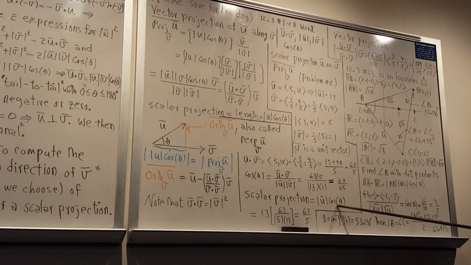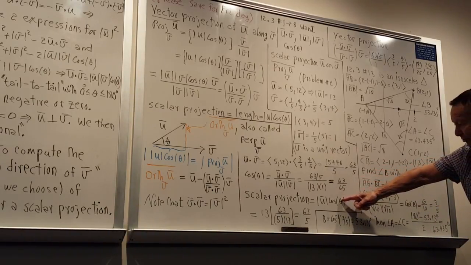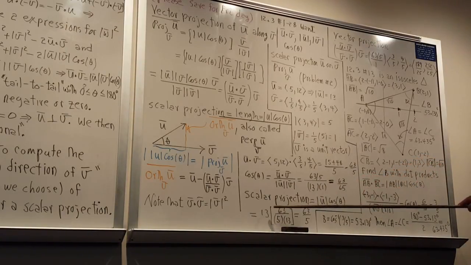You use the cosine here, so it isn't necessary to have figured out what the angle was and then use the calculator to get the cosine. You have the exact fraction for it here. And so you have your length of u and your exact fraction for cosine. Again, with the 65, I wrote it factored because this 13 is going to cancel that one. So it's 63 over 5.